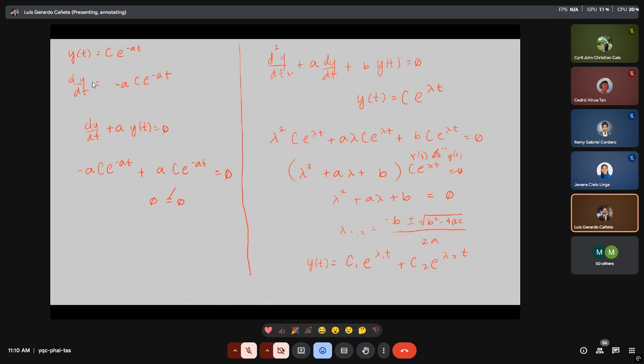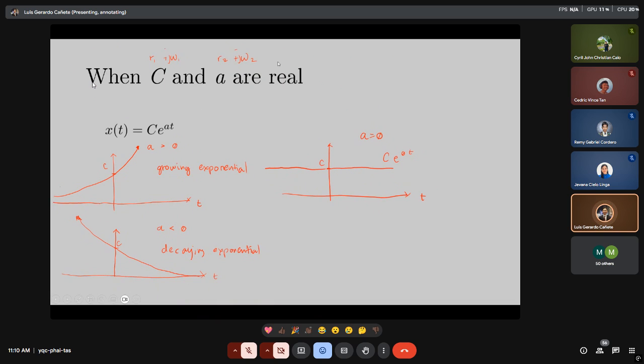So we did also show what would happen when we would take C and A, which are both real, right?